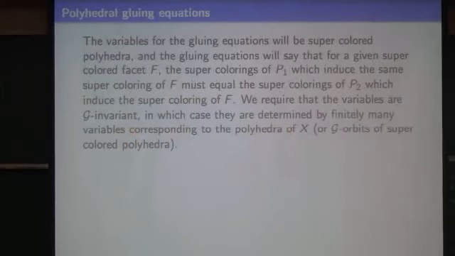So that's what we call the supercoloring, and then the variables for the gluing equations will be supercolored polyhedra.